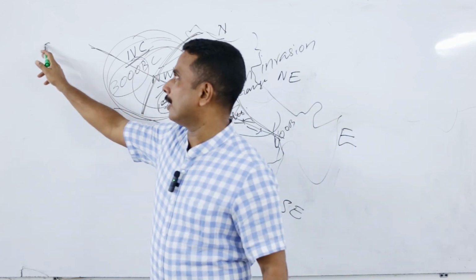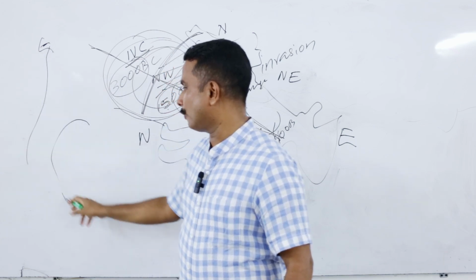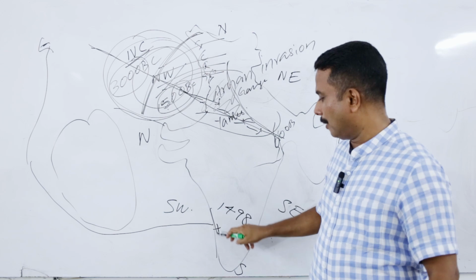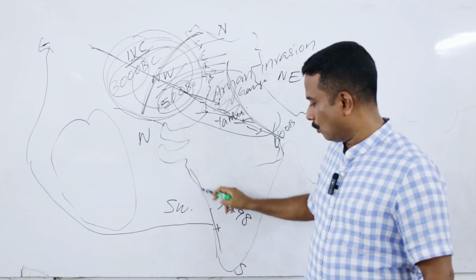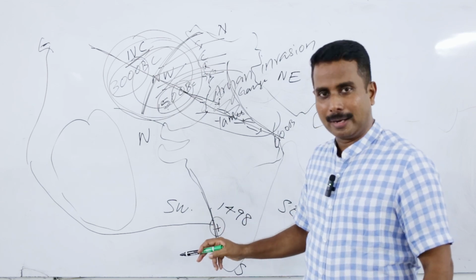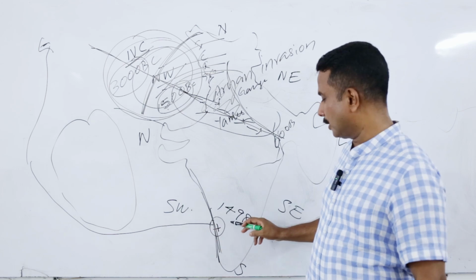He traveled around the African continent and reached India on the Malabar coast, the southwestern coast of India, in 1498.